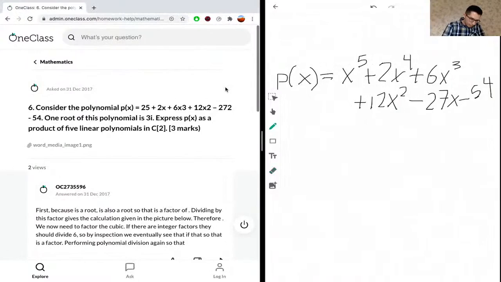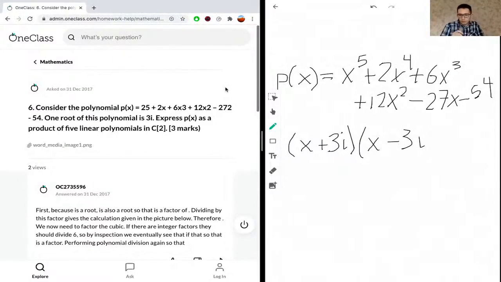So knowing that we have 3i and negative 3i as roots, we can write that out over here. So we know we have x plus 3i and x minus 3i. We can also simplify this even further to the difference of squares, to get x squared minus 3i squared.